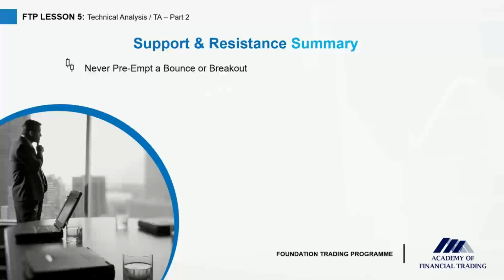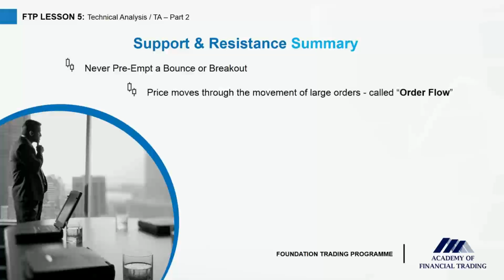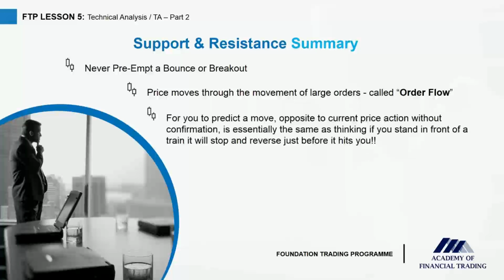We say to ourselves that we never try to preempt a bounce. We say to ourselves that momentum, it's like a train. Okay? It's like a train on a set of tracks. And one would never step out onto a train track and say that I think that that train, which is traveling towards me at 80 miles per hour and carrying several megatons of material, you would never say that I'm going to stand here because I think that that train will stop and reverse before it hits me.